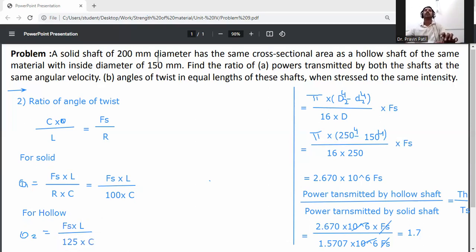Okay. So now the ratio theta 2 by theta 1, hollow divided by solid.